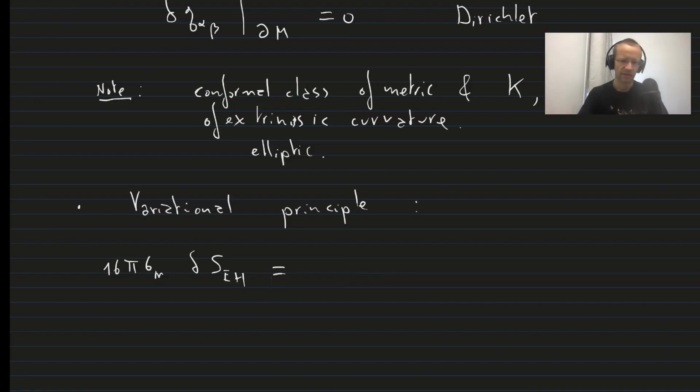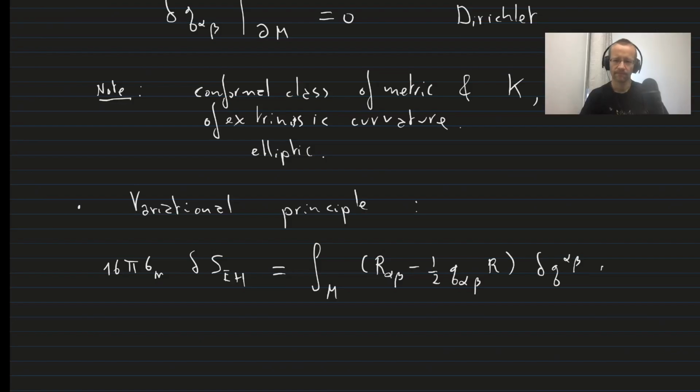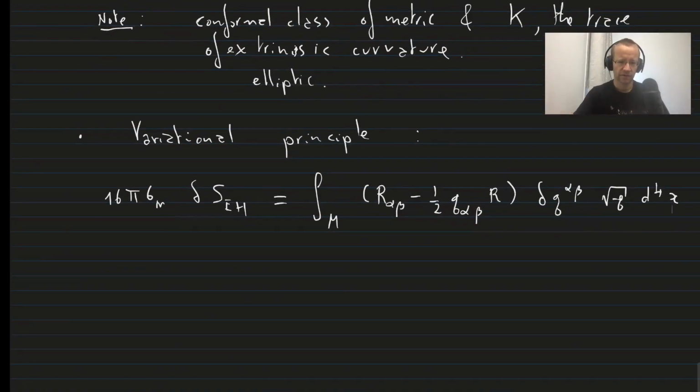The result of this calculation is that we find the integral over the manifold, and then basically the Einstein equations, the Einstein tensor times the variation of the metric, but we also find an extra term.